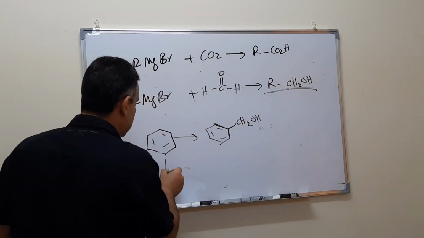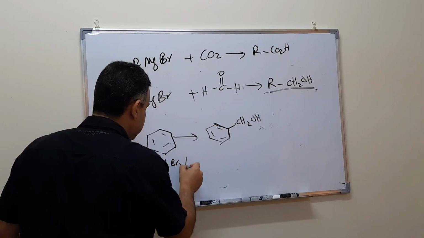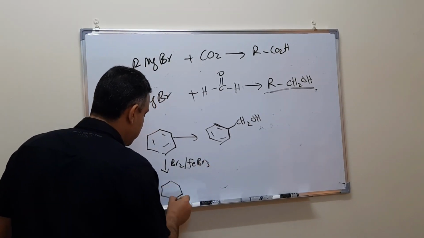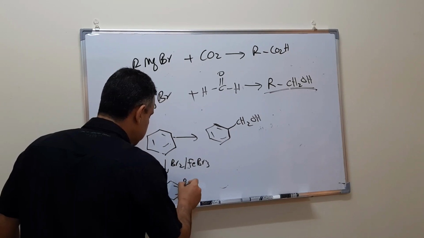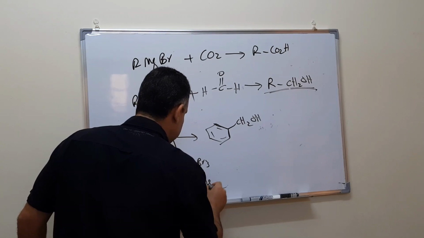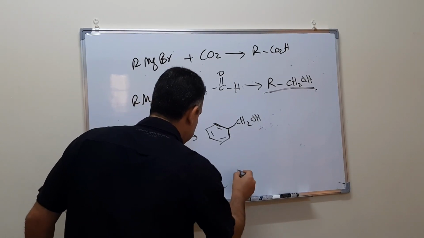So in this case, we react it with bromine in the presence of FeBr3. We convert it into bromobenzene. And then here we react it with magnesium in the presence of ether.